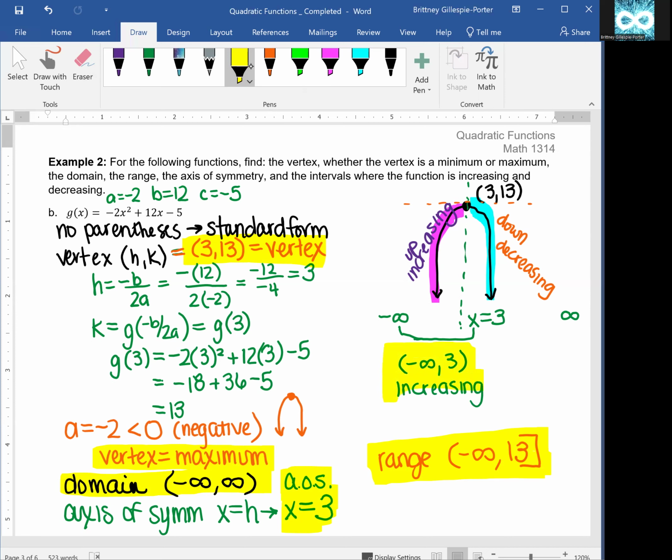We could go back or we could go forward. So no brackets, just parentheses. On the other side, in between 3 and infinity, we are going to be decreasing. And this is how you go about identifying all the different pieces for a problem just given with the function.